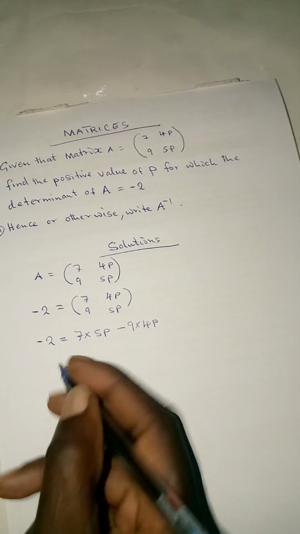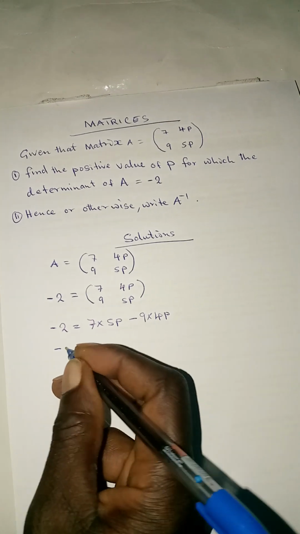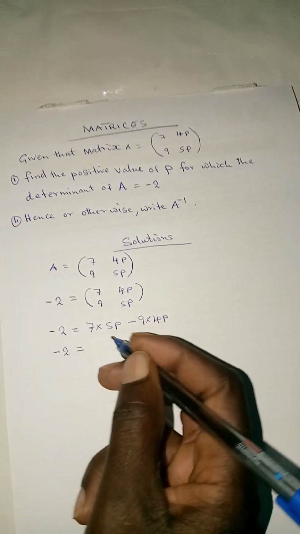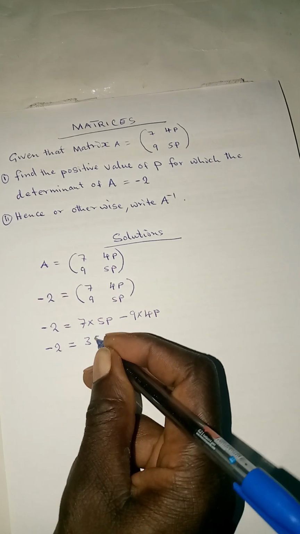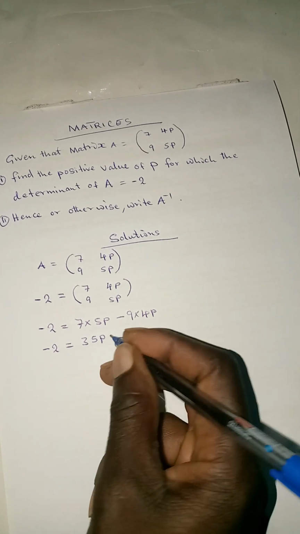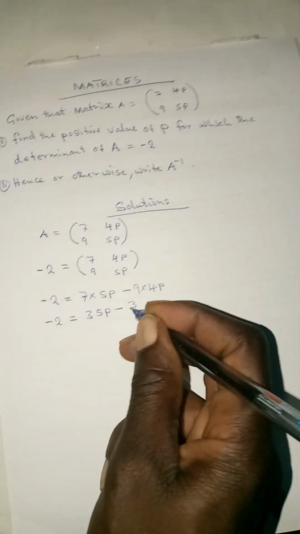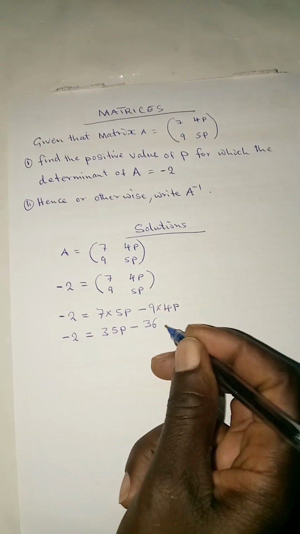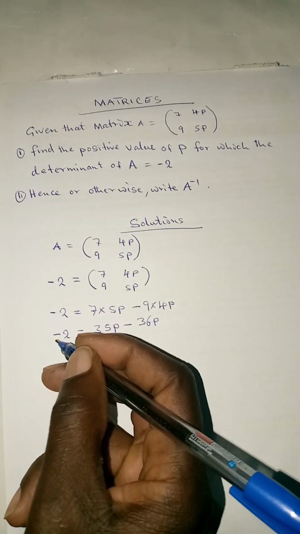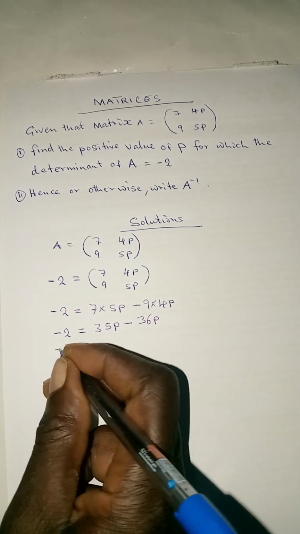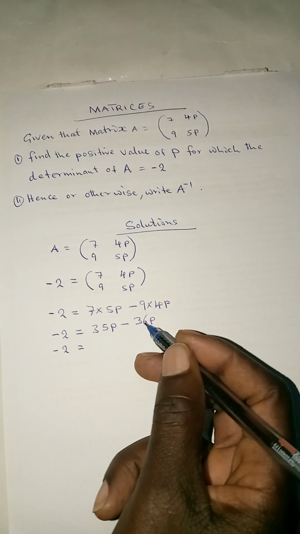We progress and say -2 is equal to 7 times 5P, which is 35P, minus 9 times 4P, which is 36P. So we progress then and say -2 is equal to 35P minus 36P.